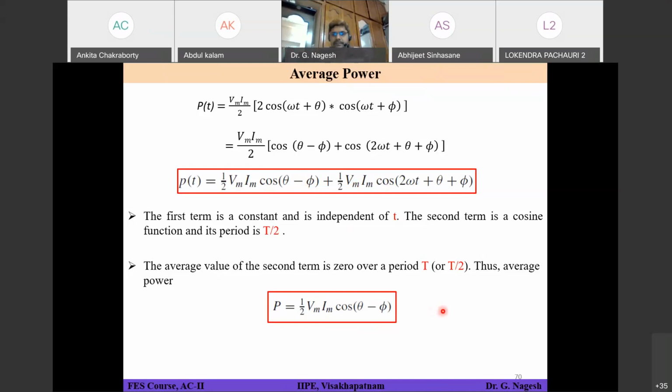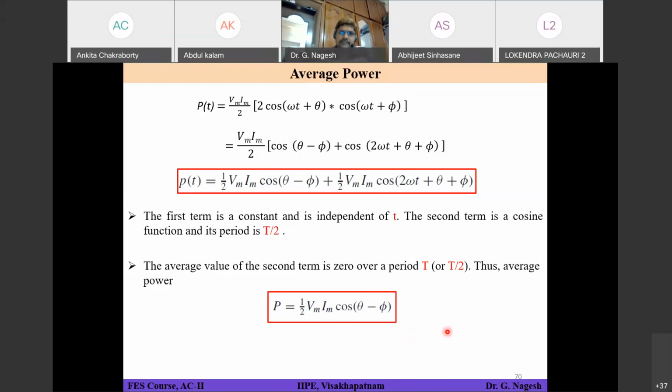Theta and phi are the phase angles of voltage and current. If it's an element, theta is the phase of the voltage across the element and phi is that of the current flowing through the element. If it's a network, it is the voltage applied to the network and the current entering the network. This is what we have seen in the last class.